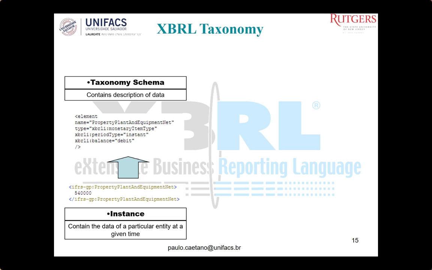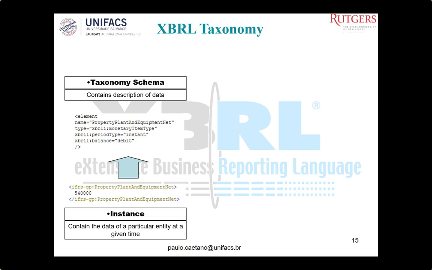XBRL uses the ISO to define currency. For example, the symbol for the American dollar is USD. For the Brazilian real it is BRL. Do you know what the Chinese RMB is?